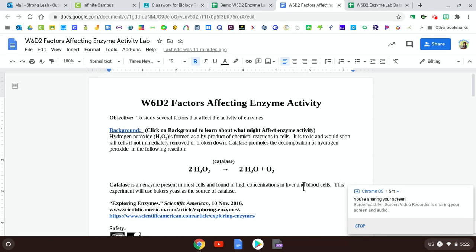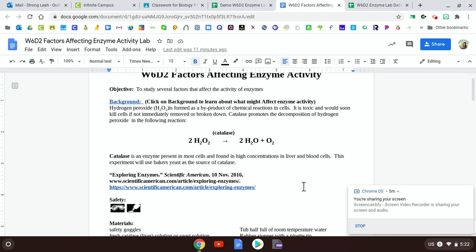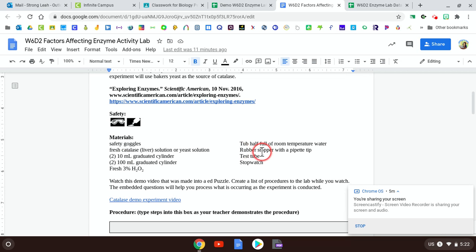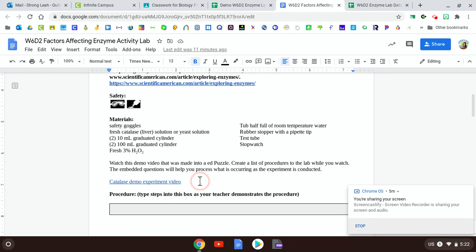And because it's found in such high concentrations in the liver, when we started this activity, it actually went too quick to record data. So, once you look at what we're doing for materials, you're going to watch this demo video that was made into an Edpuzzle. You're going to create a list of procedures from the lab while you watch.